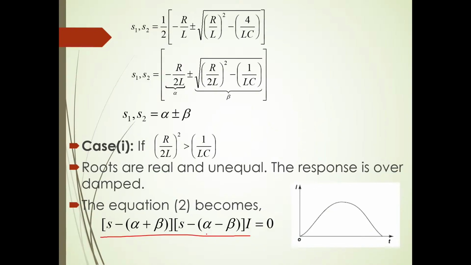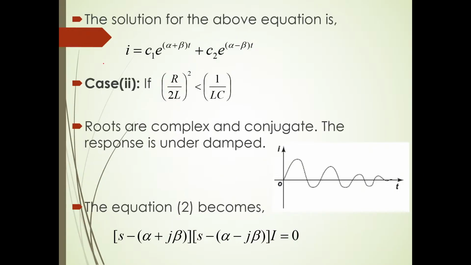So you can write the solution of the above equation: I equal to C1 into e to the power of alpha plus beta t plus C2 into e to the power of alpha minus beta t. You must know how to write the solution of the equations also.